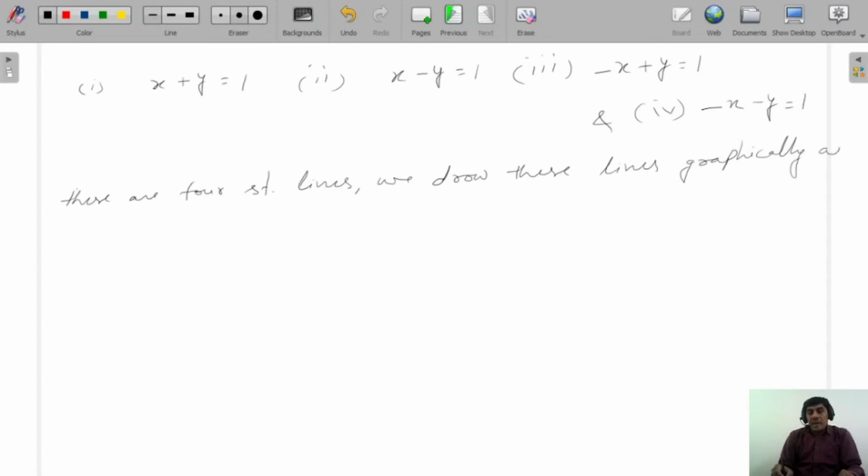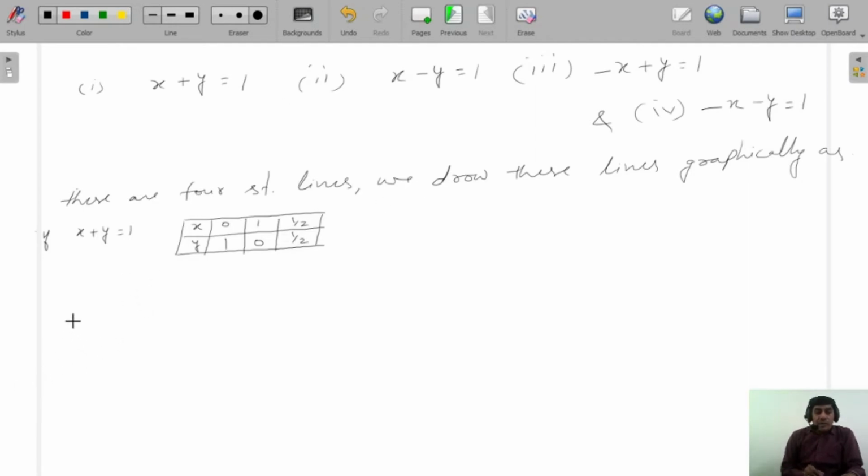As for x plus y is equal to 1, a table of x and y. If x is 0, then y is 1. If x is 1, then y is 0. If x is 1 by 2, then y is also 1 by 2.